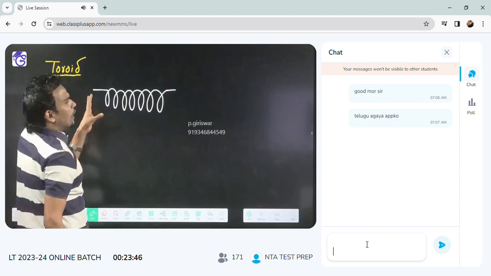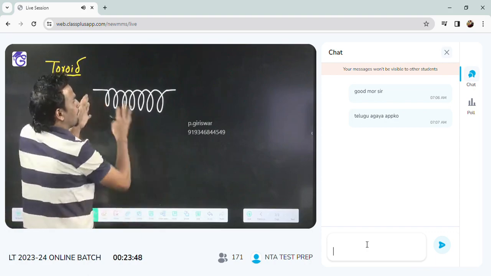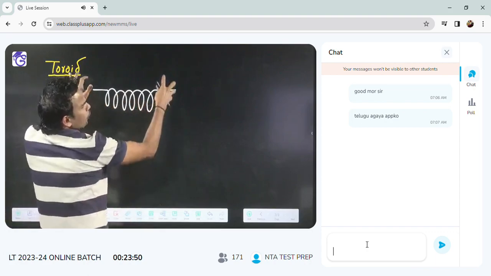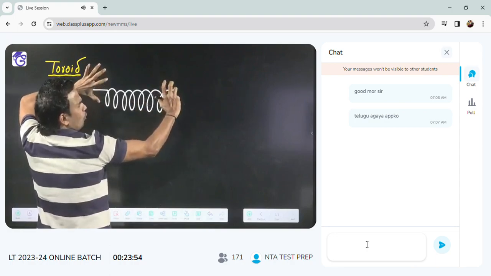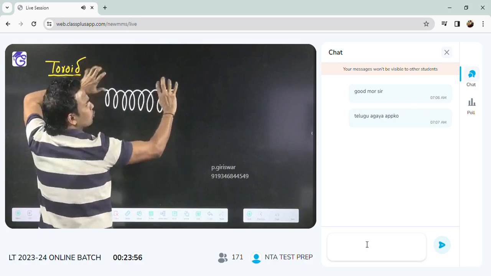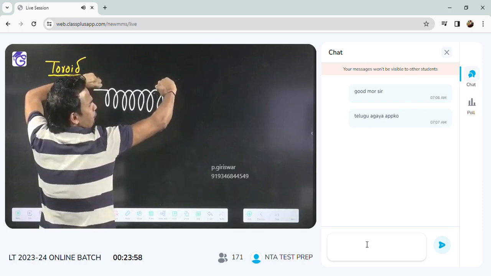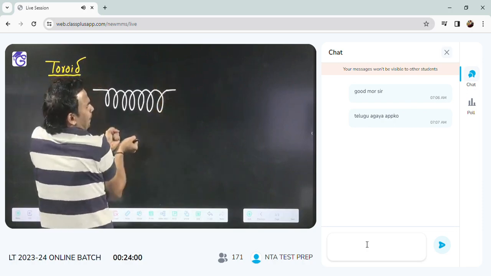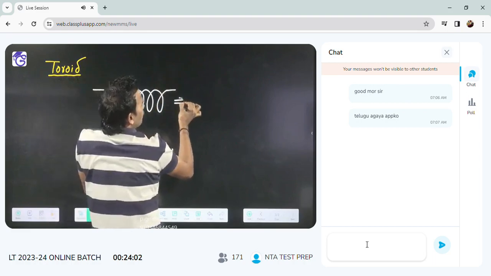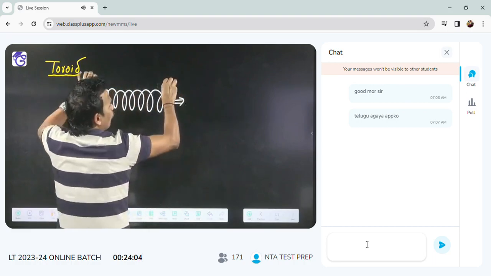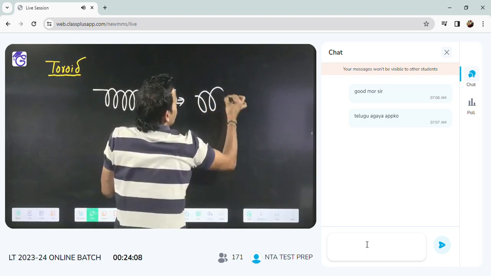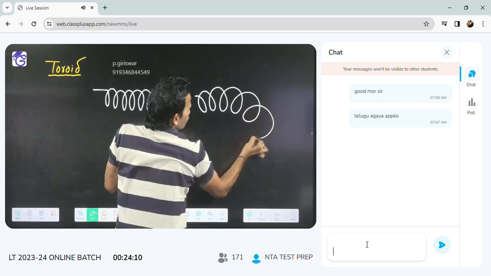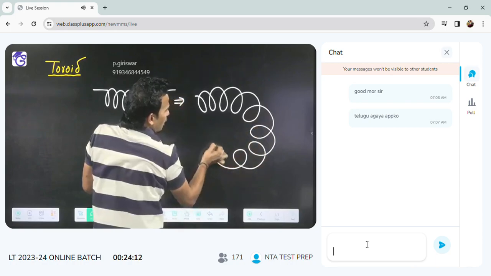So toroid means turned solenoid. For example, one solenoid is there. If you hold both ends of the solenoid, from both hands, and you forcefully join them, your structure will become a turned solenoid.